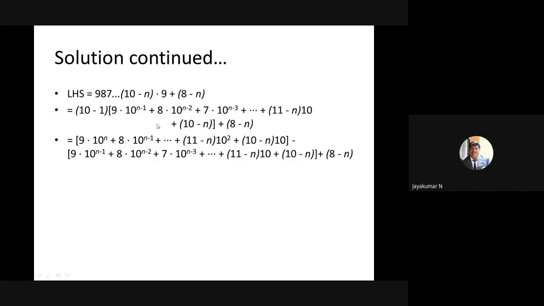Then the last term is 10 minus n into 10. Okay. Minus, here what do you get? The same powers, that is minus 9 into 10 power n minus 1, 8 into 10 power n minus 2, 7 into 10 power n minus 3, and so on. The last one is 10 minus n, plus 8 minus n. The same way.